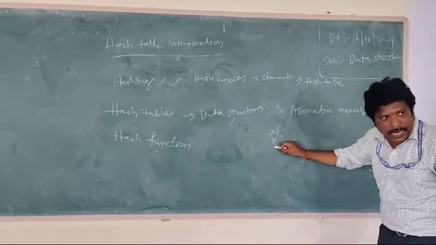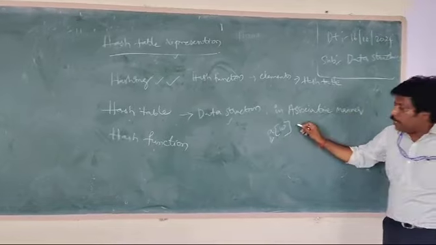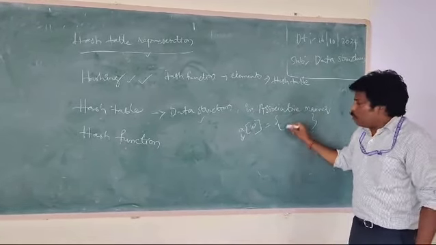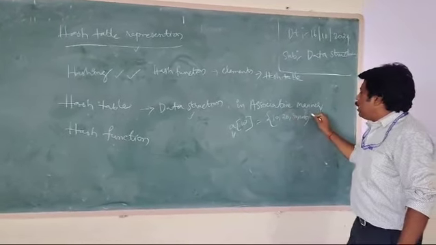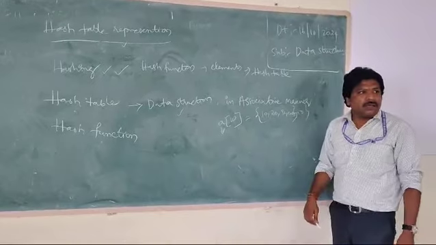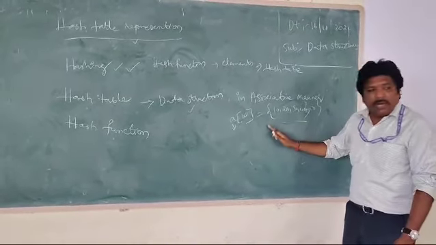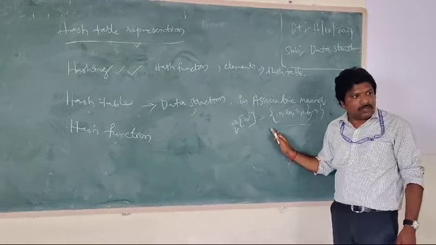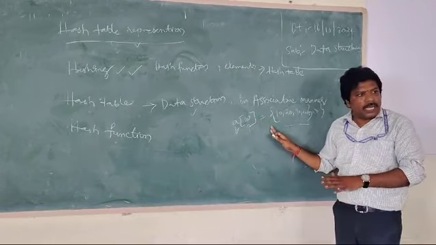Let us take the size of the array as 10. That means how many elements can we store here? 10 elements: 10, 20, 30, 40, 50, and so on, up to only 10 elements. That is because an array is a fixed size data structure. Whatever size we have defined, based on that size we can store the elements here.